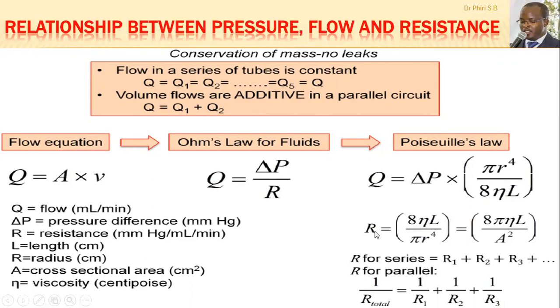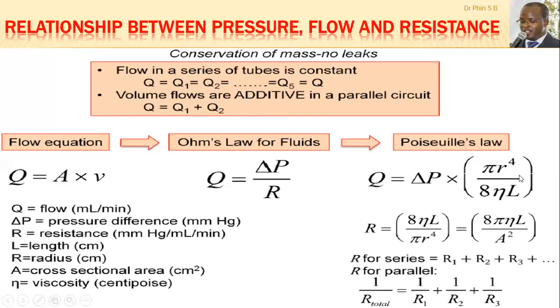So if we are saying that the resistance is equal to 8 multiplied by the viscosity multiplied by the length, divided by pi r raised to the power 4, and you substitute these variables into the equation, it means your blood flow will be equal to the change in pressure divided by the equation for resistance. Since resistance is down here in the denominator, there is a swap in variables, so you multiply by pi r raised to the power 4 divided by 8 multiplied by the viscosity and the length.